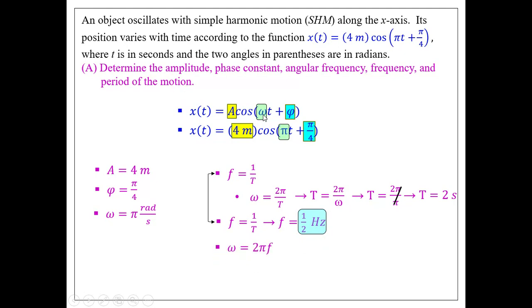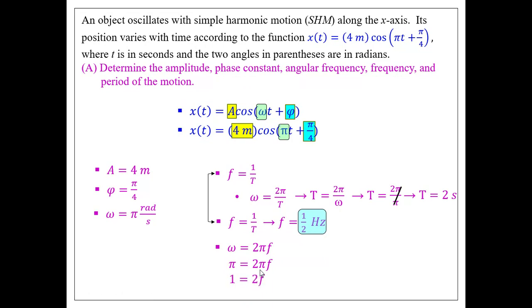The second way to find the frequency, hopefully you know this function, is that the angular frequency is simply 2 pi times the frequency. In order to find f, I can divide both sides by 2 pi. Then I can substitute in pi for omega, because that's what we found earlier. As you can see, pi on the left side and pi on the right side simply cancel out.